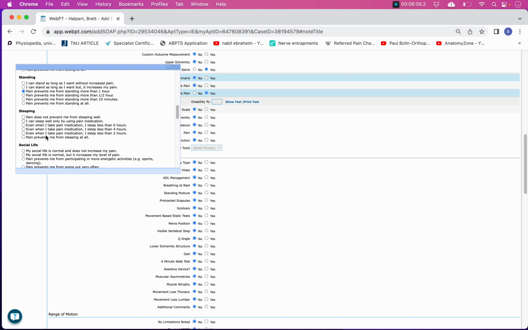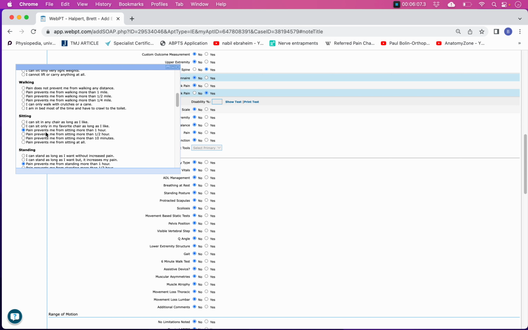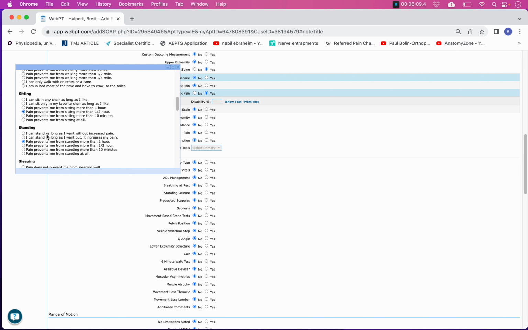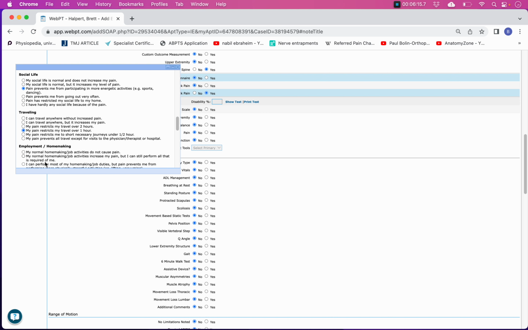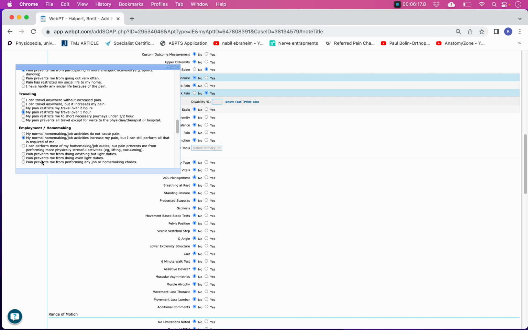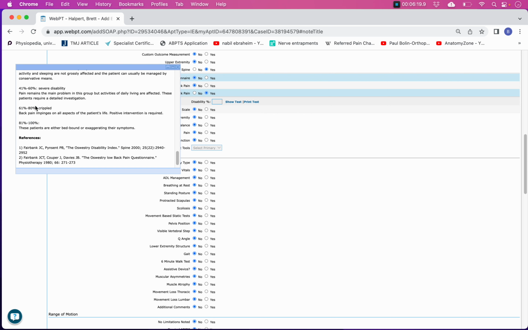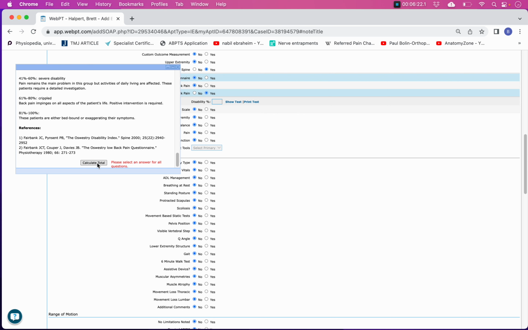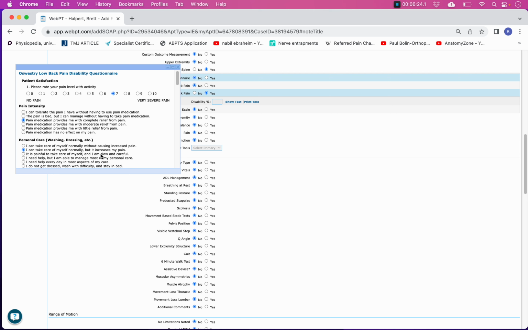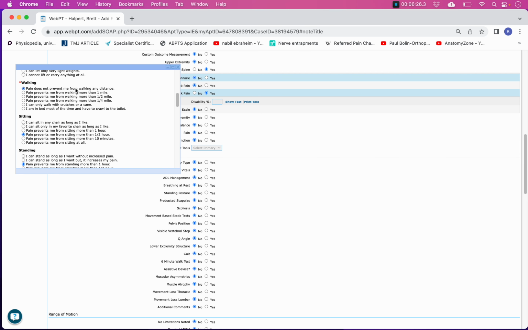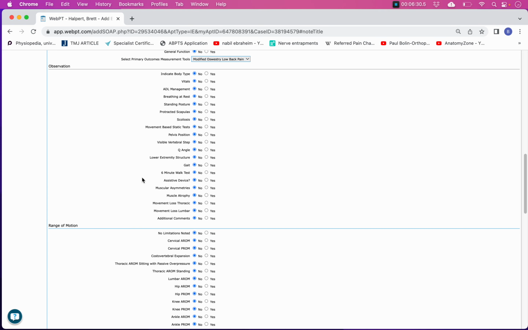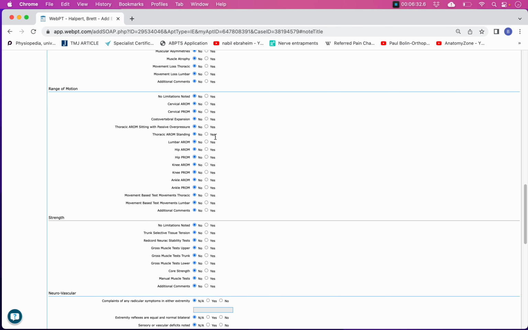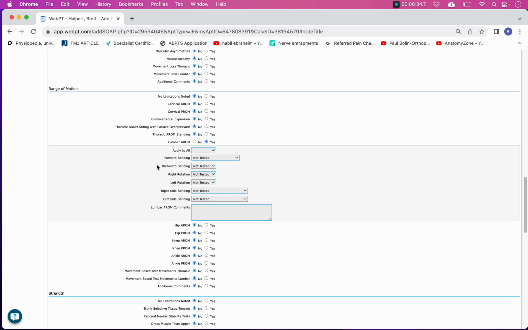This is definitely one of the more tedious parts of a note. And then we're going to try to look at things that might relate to his functional complaint.